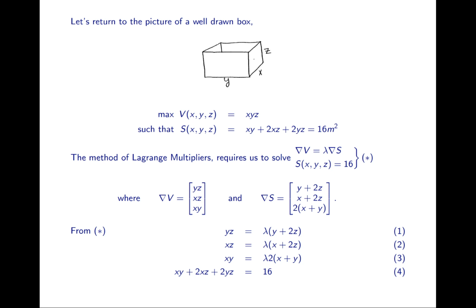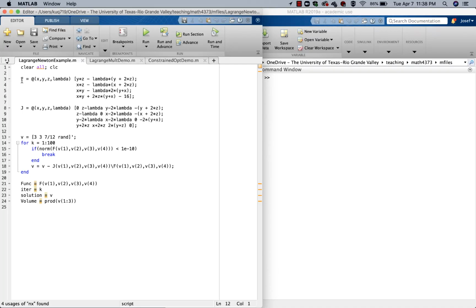So how would I apply Newton to this set of nonlinear equations to get a solution? Well, I'm glad you asked. So here I have f, which is basically my star equations, but I took all of my right-hand sides and subtracted them over to my left-hand side. So I want to find a root of f.